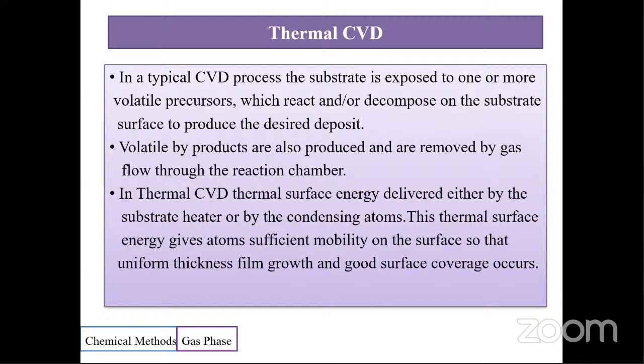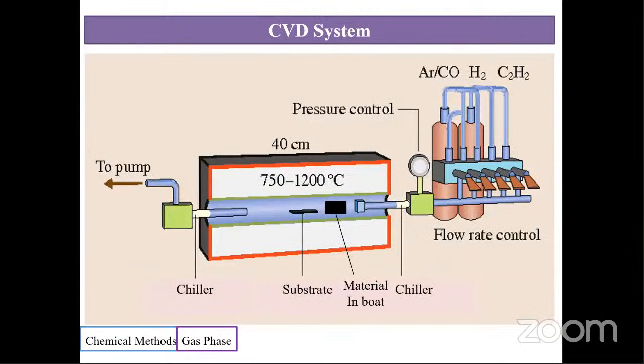In the thermal CVD system, you can see this is a system schematic diagram. Here we have a quartz furnace and a quartz tube, because quartz can sustain a high temperature, and the temperature range may be from 750 to 1200 degrees centigrade or so. An evacuation is done to remove the unwanted gases which come inside the chamber.